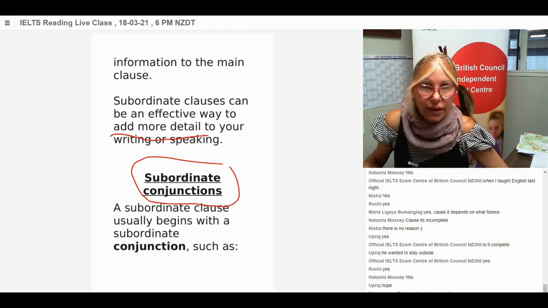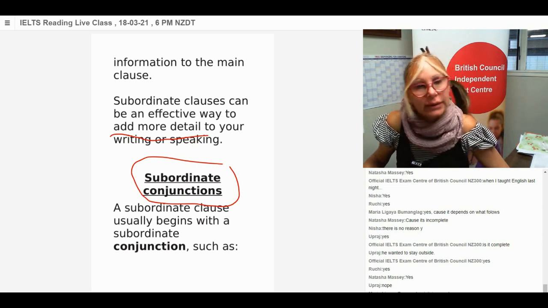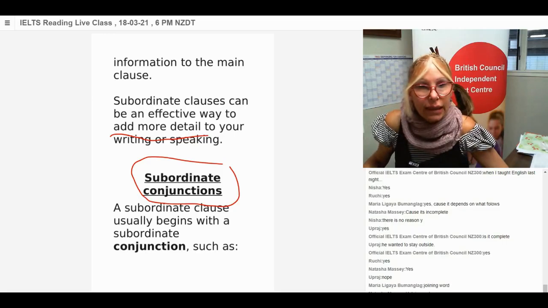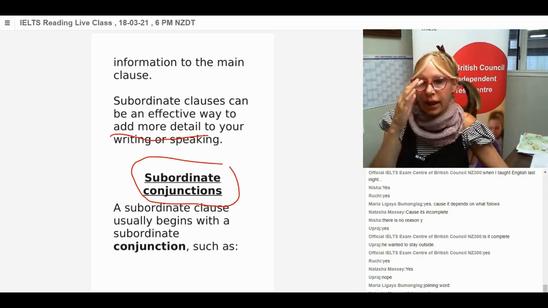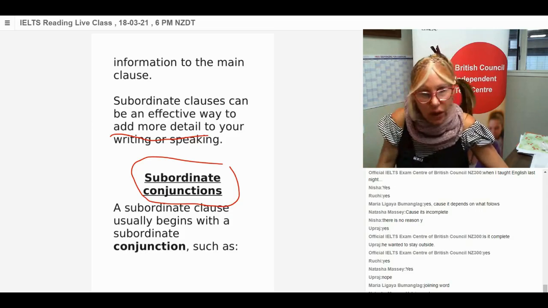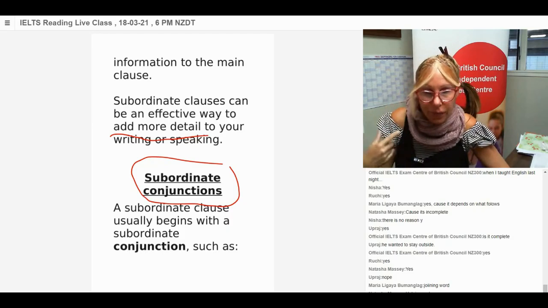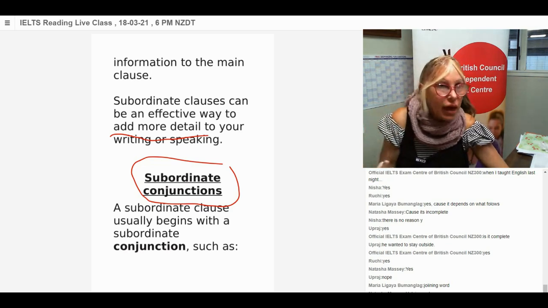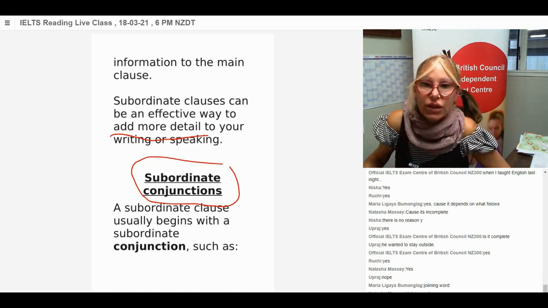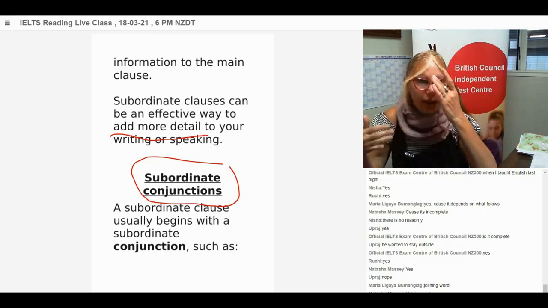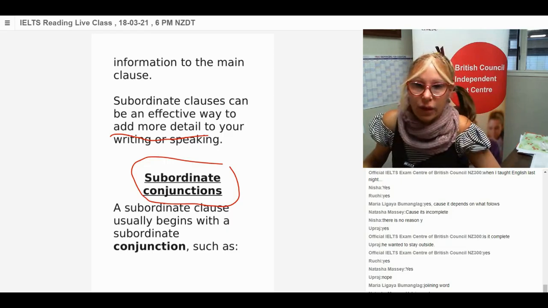Okay, a conjunction is a joining word, like a helping verb. Not a verb. It's like a preposition. It's like and or but. It's actually just called a conjunction. So and or but or so or for, or even what we've been looking at, despite, although, all those words which join two parts of a sentence together.